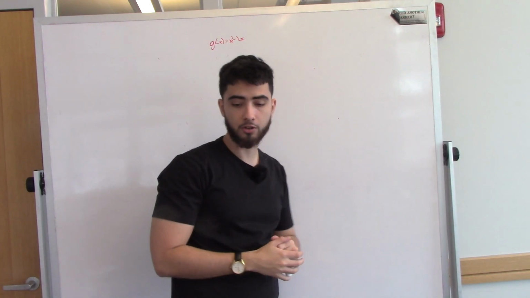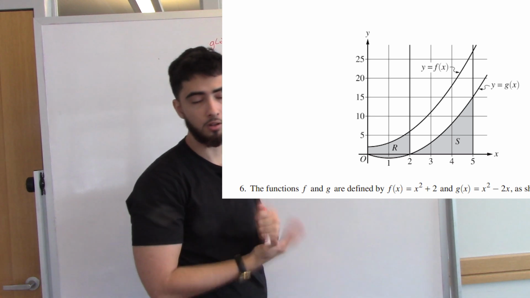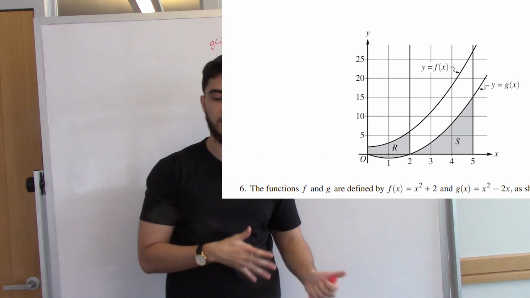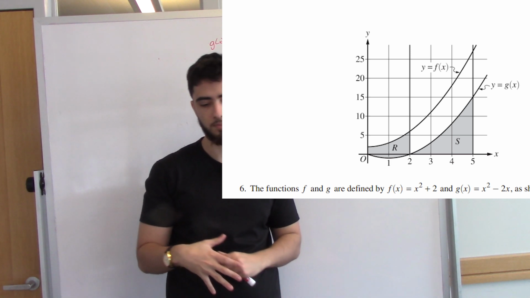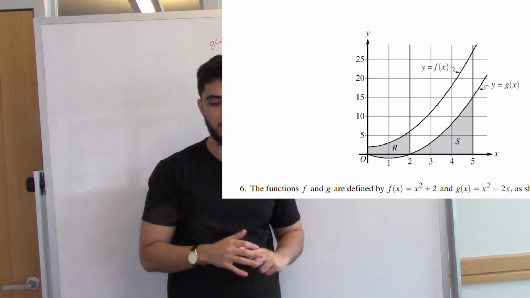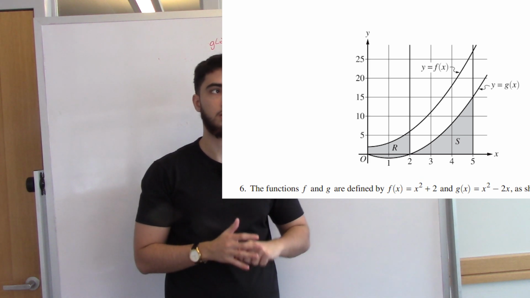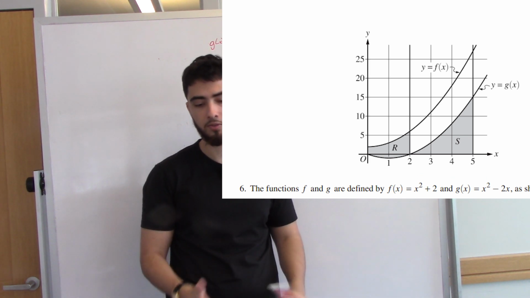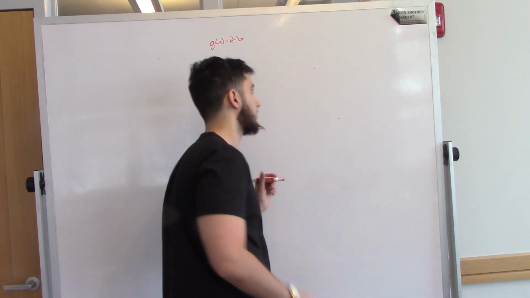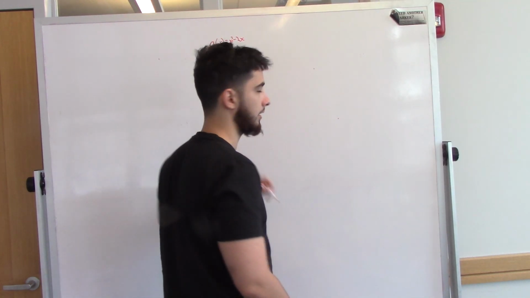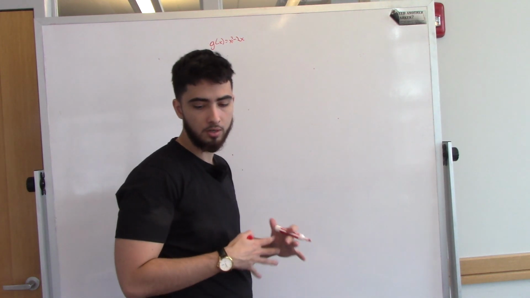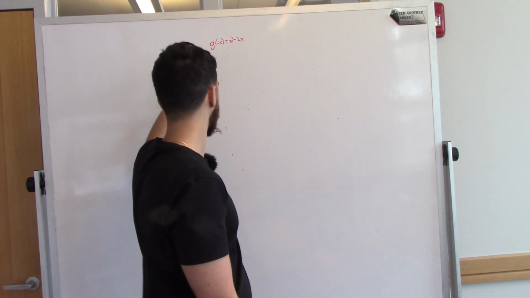Now for this final FRQ, movie magic, I'll let you guys look at it while I talk about it. We were given two functions, f and g, there's their equations. All right, part A is fairly straightforward. We're just asked to find, but do not evaluate, an integral expression to give the value of the area of R. Okay, well, we know it's gonna be an integral, and we're looking for area, so it's gonna be with some bounds, in this case from 0 to 2.